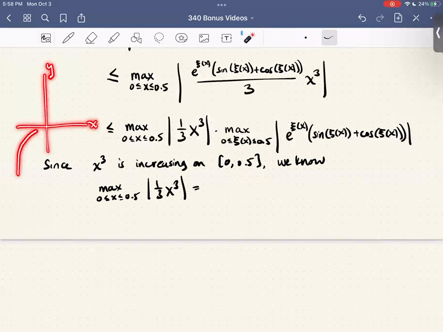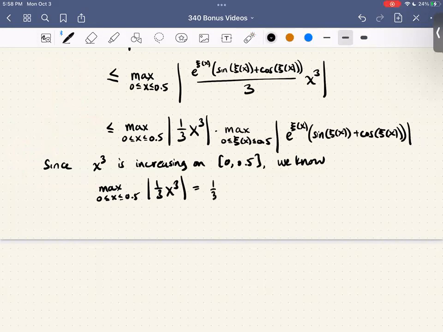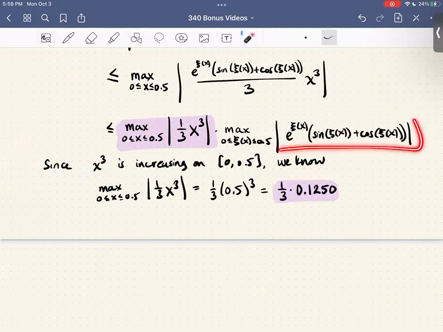X cubed looks something like that, and the interval 0 to 0.5 is somewhere here, and this is an increasing function. This is going to be 1/3 times 0.5 cubed. Hold on, let me check this value. 0.1250. So that's just for this portion, the biggest that this portion could be. And let's also check the largest that the other portion could be.